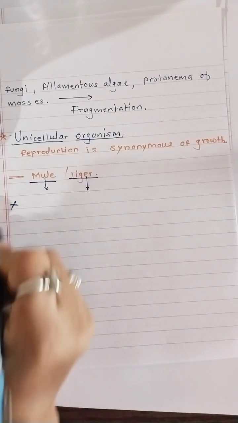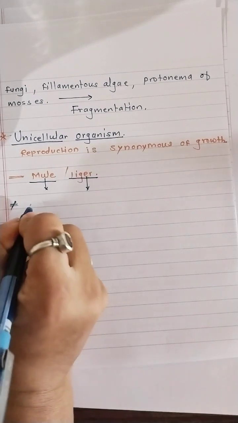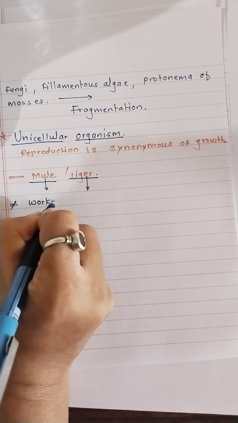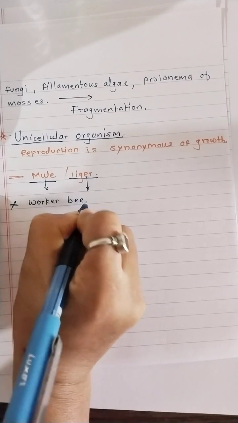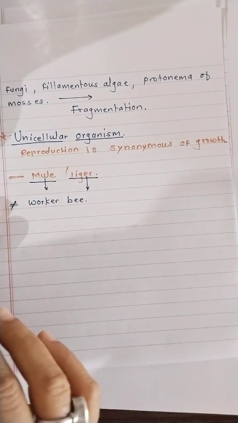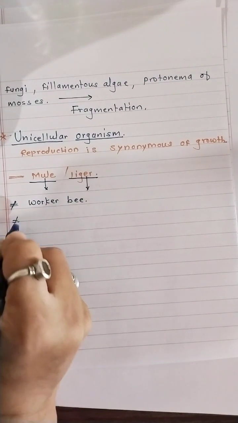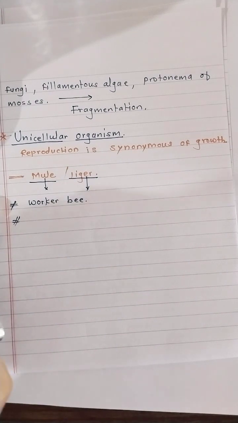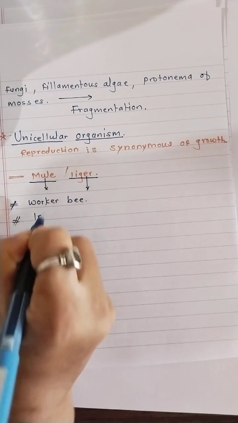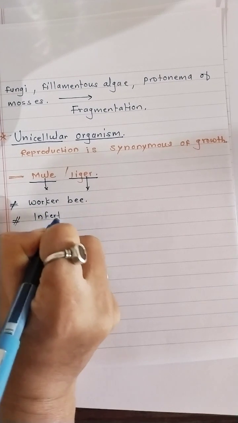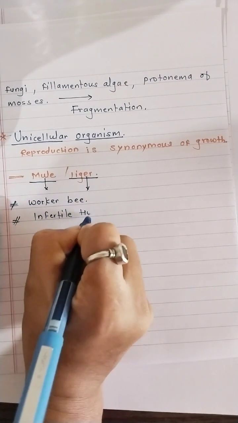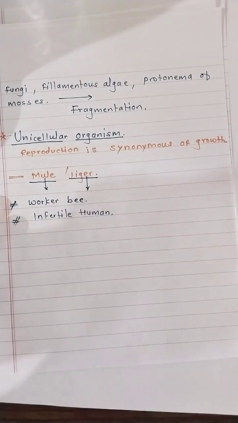Second, everyone knows about the worker bee. Only the queen has the capability of producing eggs, and the worker bee is an infertile form. Another example is the infertile human couple.